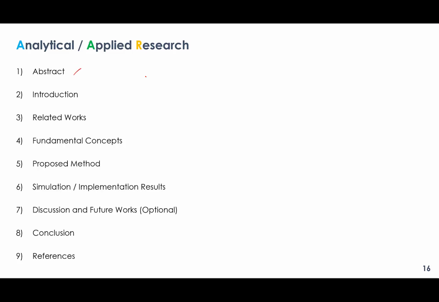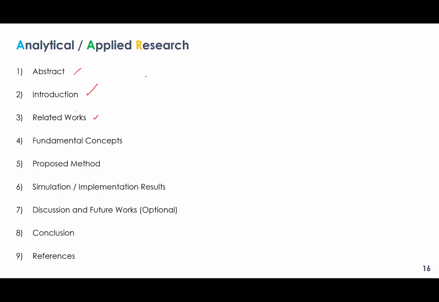First of all, the abstract, which you know, is at most 500 words. Then the introduction, including some highlights of your work, some literature about this concept, and also its applications, advantages and so on. Then related works.